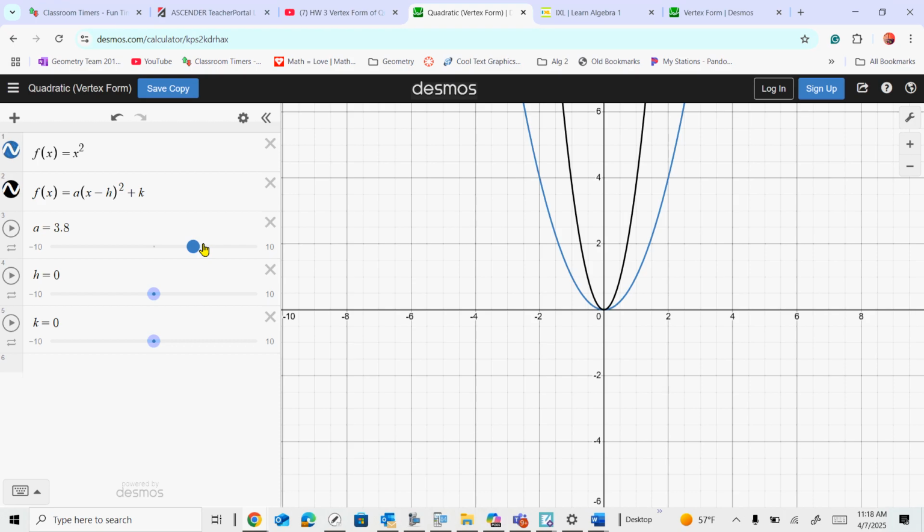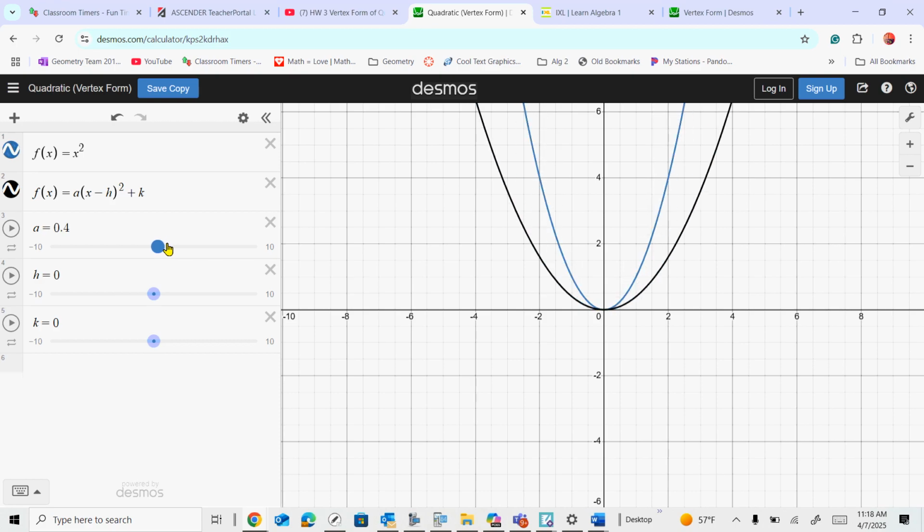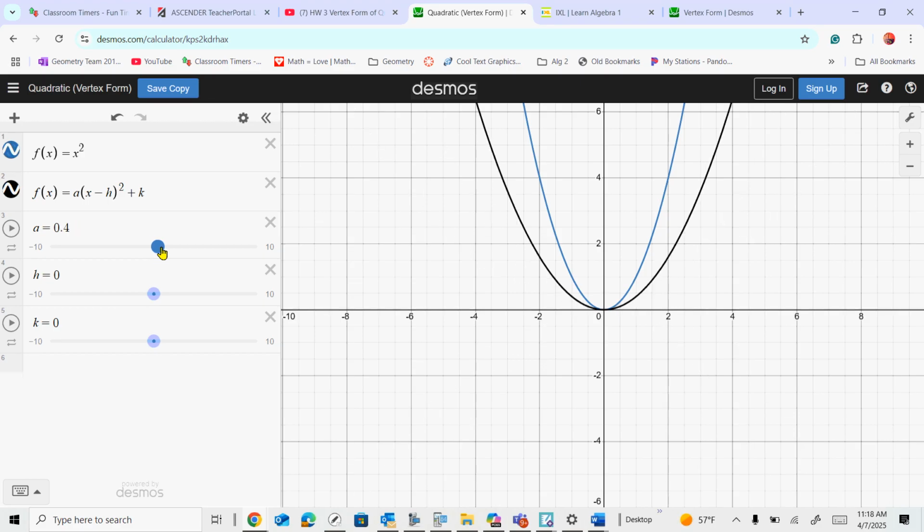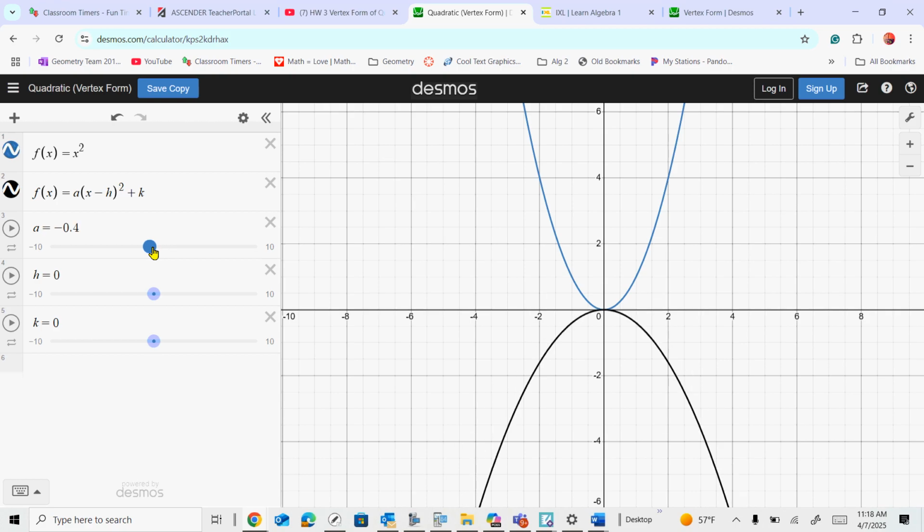This is called a vertical stretch to make it shrink. Now, if A is not bigger than 1, but greater than 0 and less than 1, it stretches wider. This right here would be a fraction. If I have a decimal, there's my decimal, it gets wider. Now, the minute I make A a negative, look what happens. It flips over the x-axis.